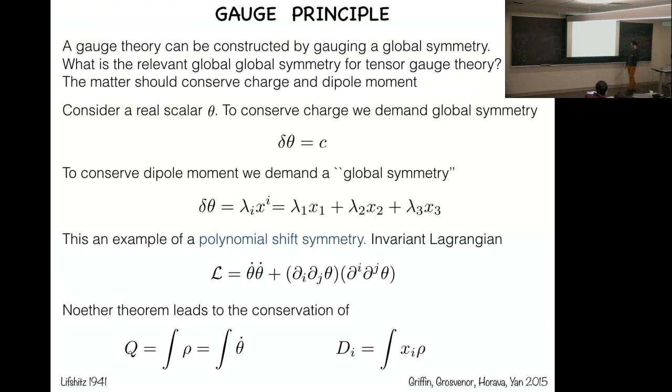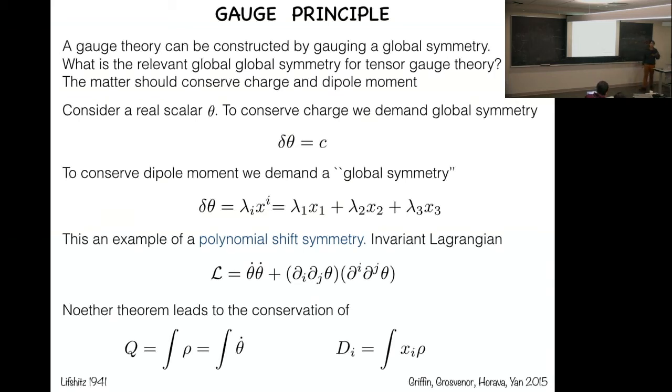Now, it turns out that it's not very difficult to construct such actions, and they were constructed a really long time ago for some multicritical purposes by Lifshitz. What you write is theta dot, that's the usual term, but instead of theta Laplace theta, you write d squared theta, d squared theta.